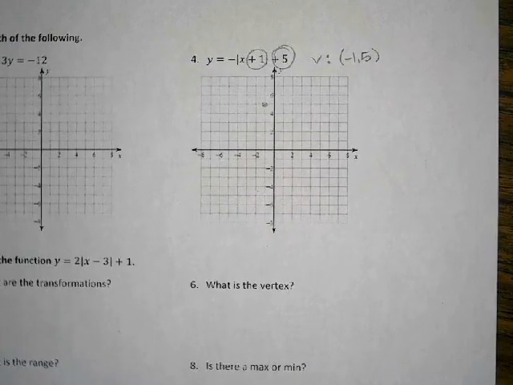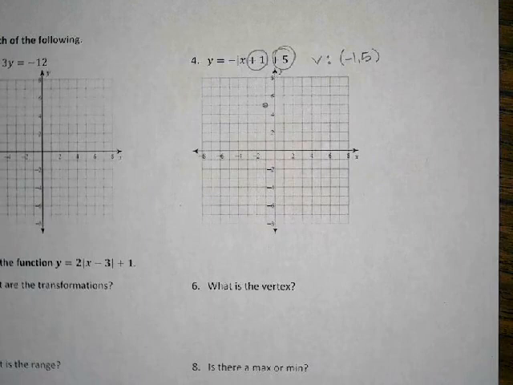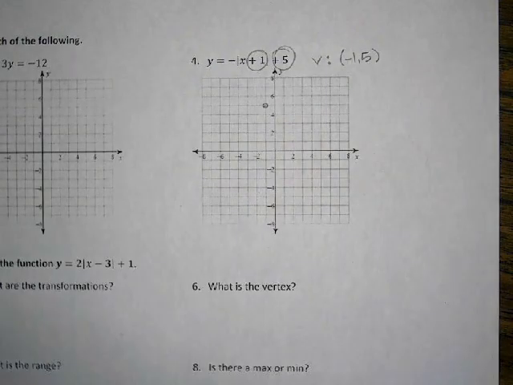Then I'm going to fill in some more points. I'm going to type negative 2, negative 3, and negative 4. Now I can see the vertex and some more points over here: negative 1, 5, negative 2, 4, negative 3, 3. Now I can graph those.